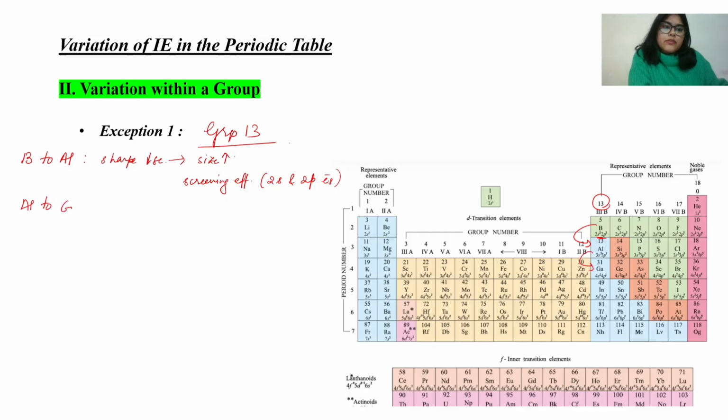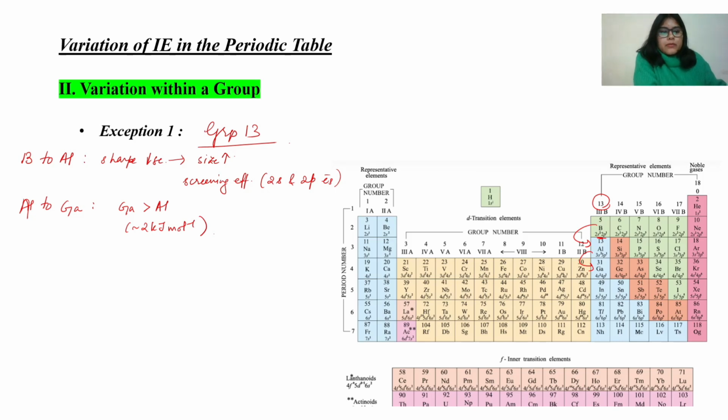gallium, what we expect is gallium should have lesser ionization enthalpy than aluminium, but gallium has slightly higher enthalpy than aluminium by around 2 kilojoules per mole. Why is this happening?